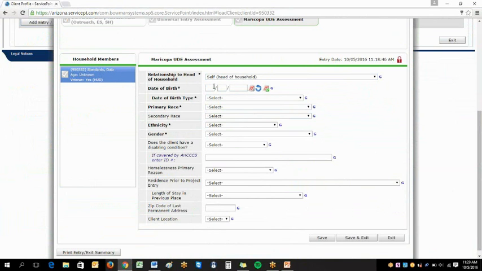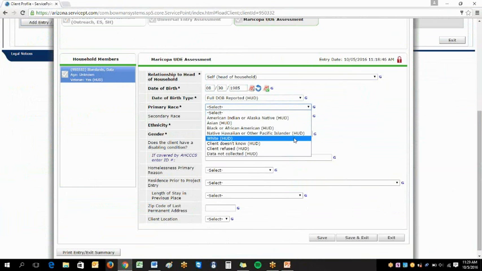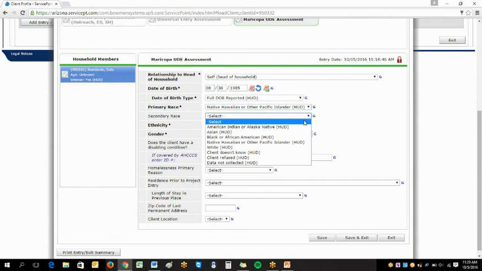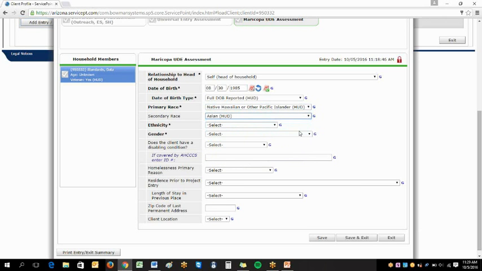Then you will be prompted to complete your client's date of birth. After completing your client's full date of birth reported, you will be prompted to complete their date of birth type, followed by your client's primary race and their secondary race if reported, and then your client's ethnicity.